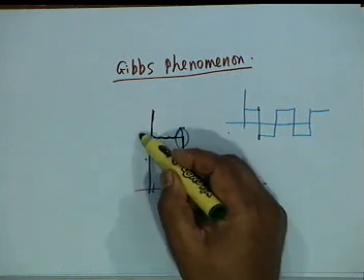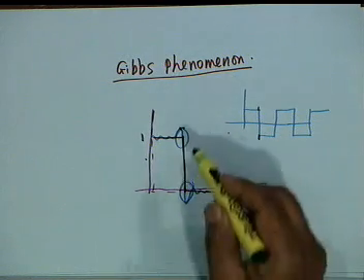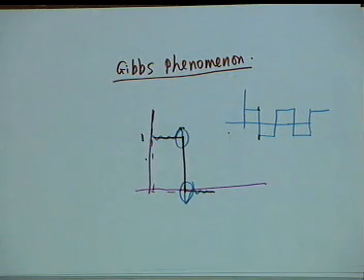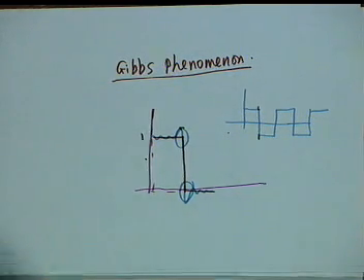That would be the value here. If this value is 1, then that value would be 1.17, 17.85%. Approximately we take it as 18%. And this is the reason why we do not use a rectangular window unless we are forced to, unless the specifications are relaxed, so that an 18% tolerance can be tolerated.